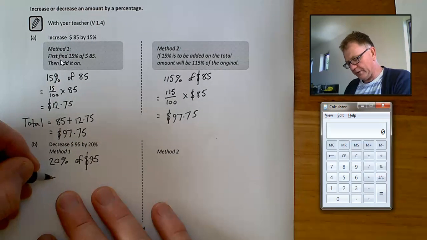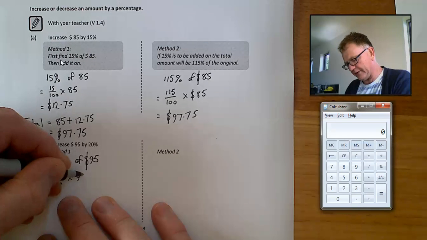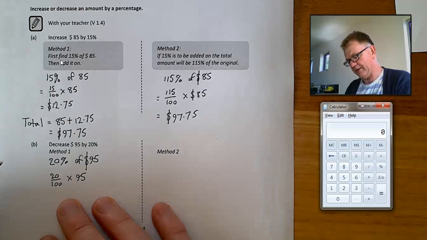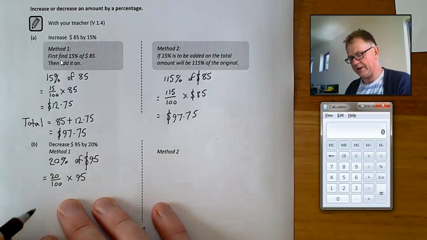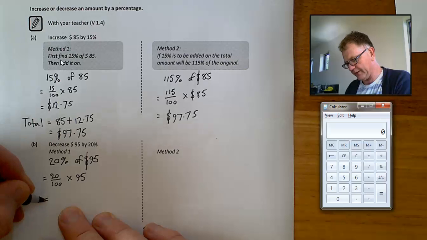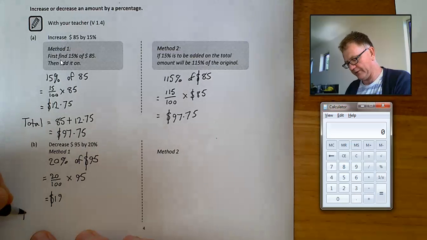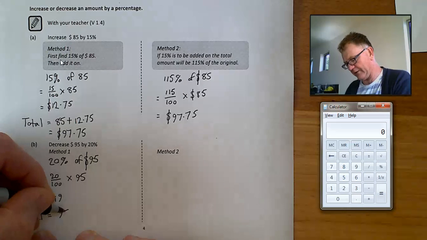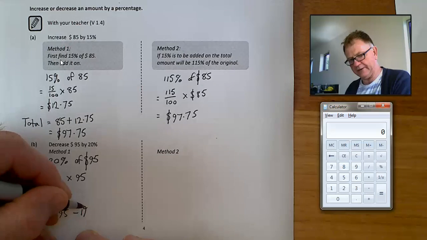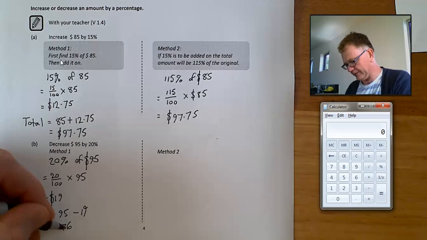So it's 20 over 100 times $95, and on the calculator 20 divided by 100 times 95 works out to be $19. I want to take that away from $95, so the total at the end is going to equal 95, take away 19, a total of $76.